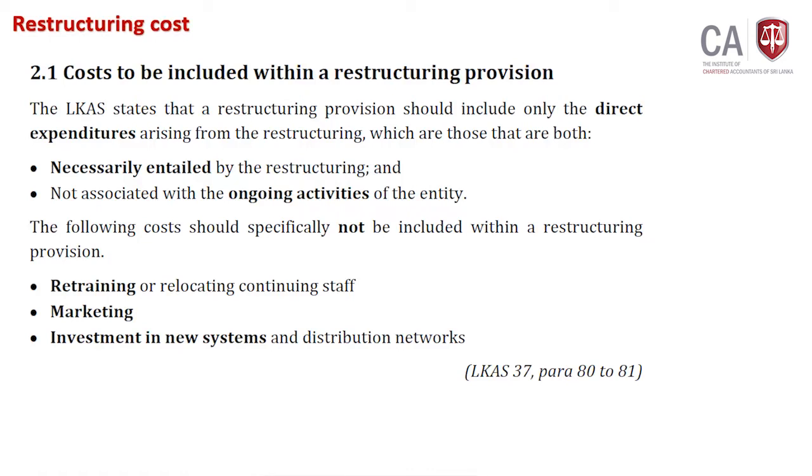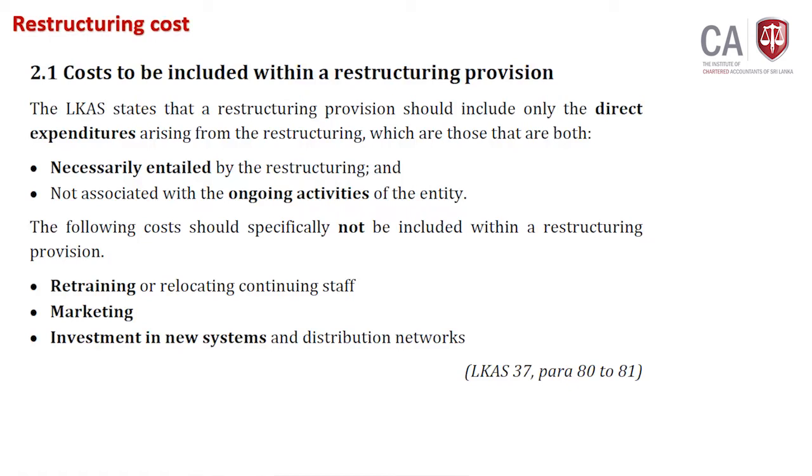Make a note. Direct expenditure that is necessarily entailed by the restructuring and not associated with ongoing activities. Any cost not associated with ongoing activities, you can consider for provisioning.